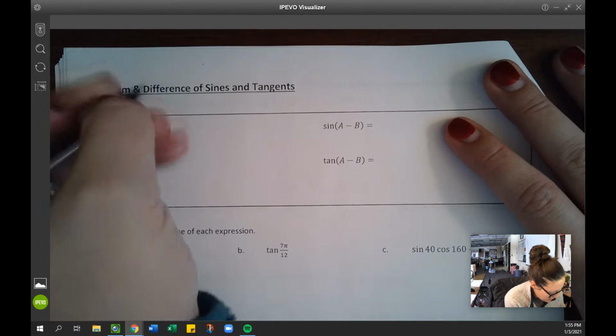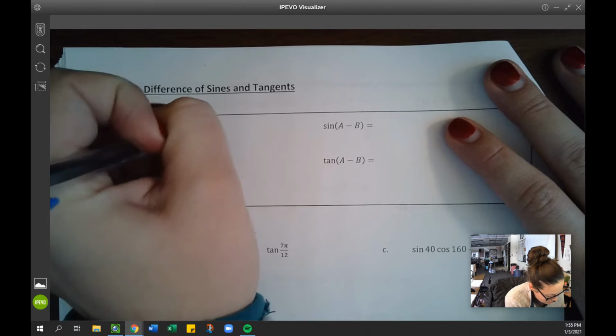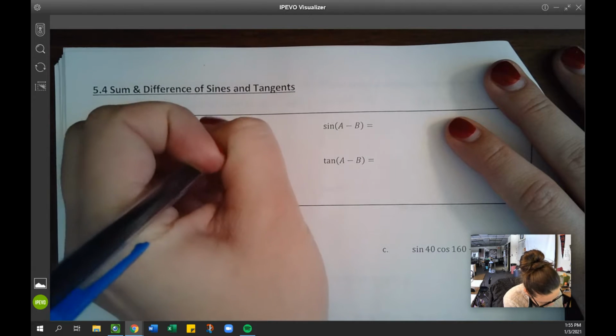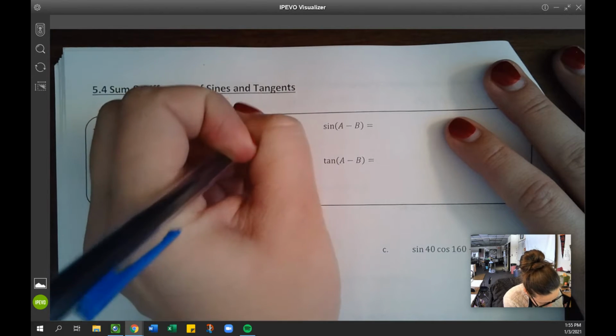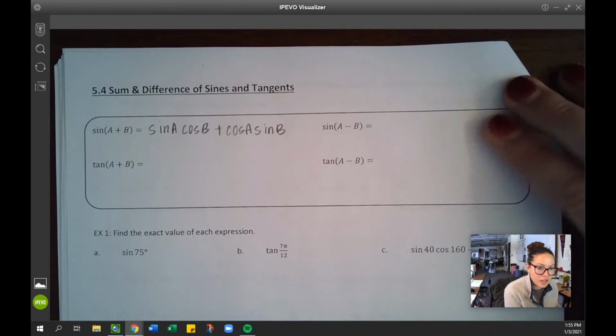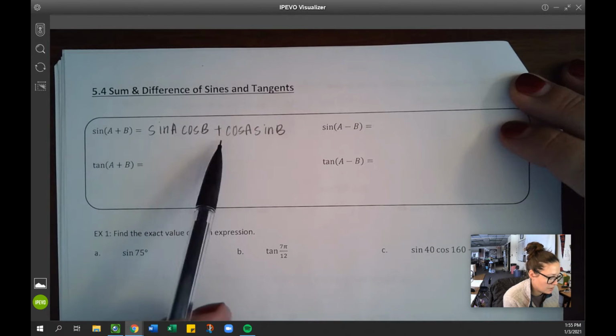So the sine of A plus B is sine A cosine B plus cosine A sine B. So in this one, the addition makes sense with the sum.